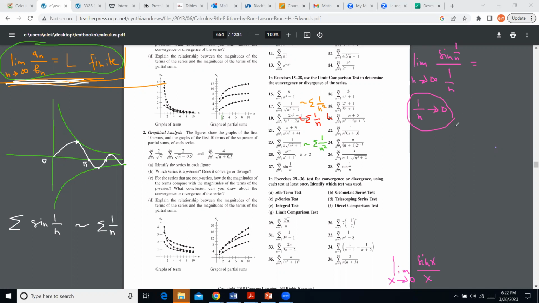So I can actually utilize this. I can replace and say, if I call my 1 over n as some letter k, then when n goes to infinity, k will go to 0.